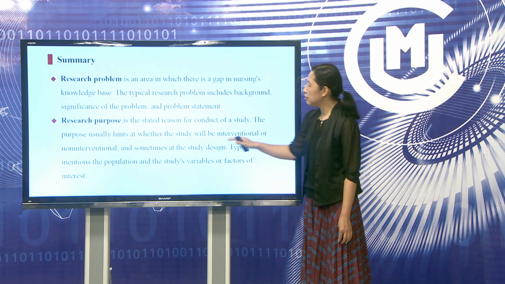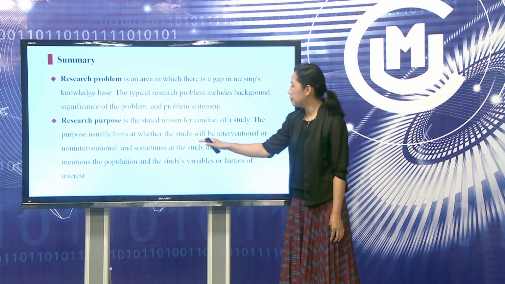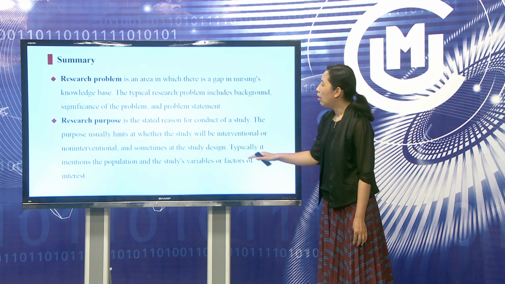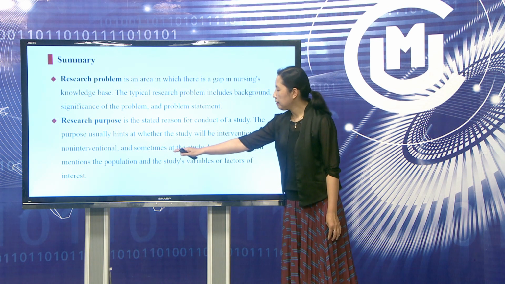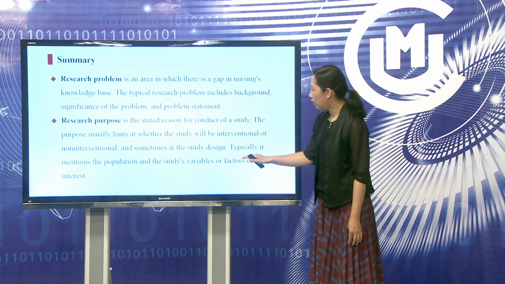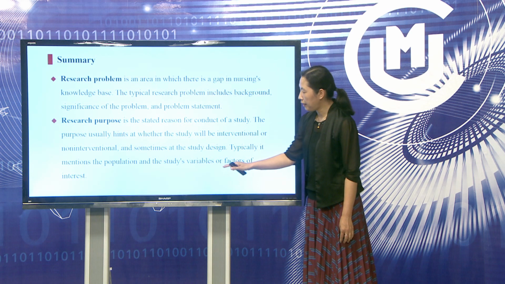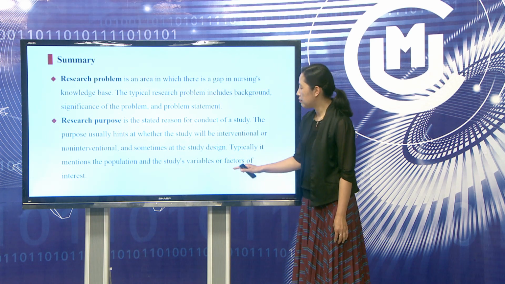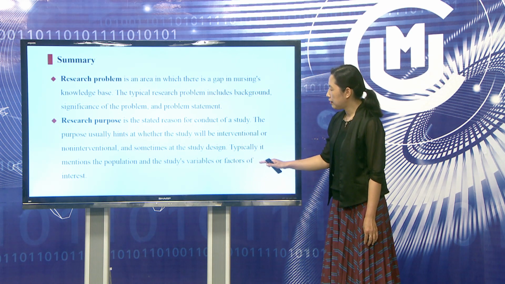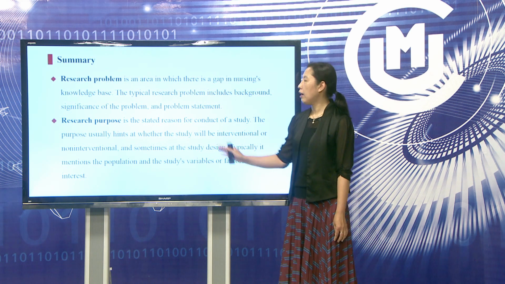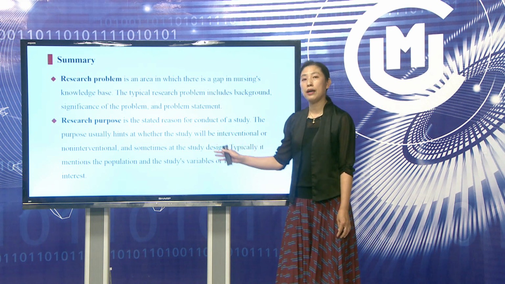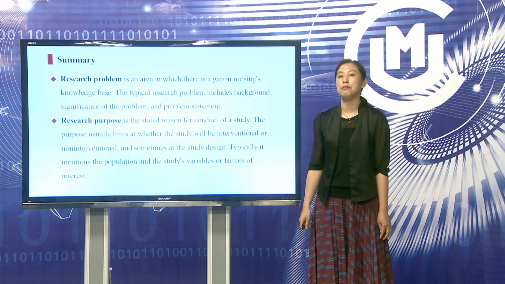The purpose usually hints at whether the study will be interventional or non-interventional, and sometimes at the study design. Typically it mentions the population and the study's variables or factors of interest. I also gave some examples of how to write the purpose for different types of research.